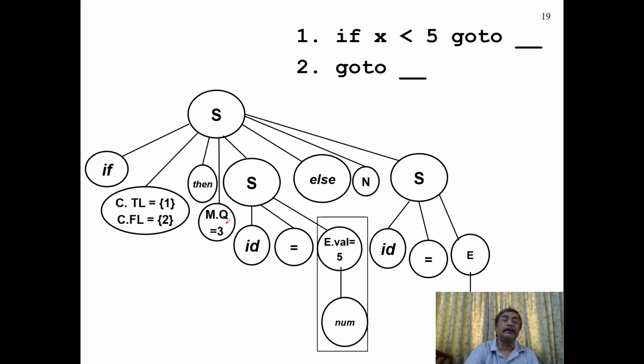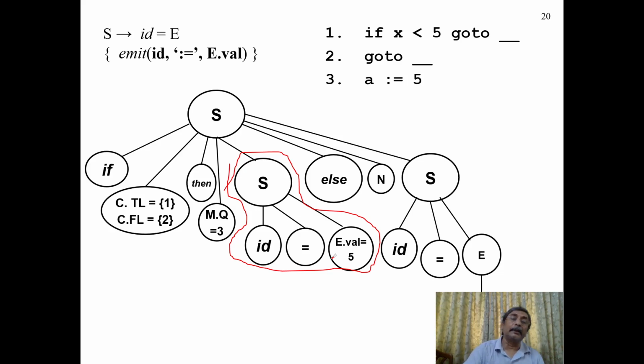After M.Q is 3, this action is taken. What is the next reduction? As you all know, in this reduction, E.val is set to 5. Once that is done, this particular reduction will take place.